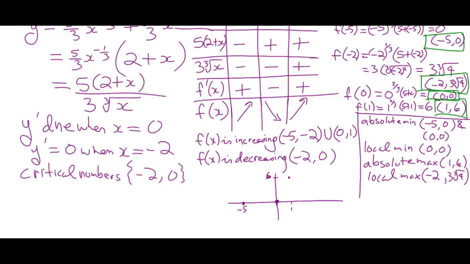We've got a 1, 6, and we've got a local max at negative 2. So absolute minimum rising to, let's put this about here, because we've got to come up. So starting here, we're coming up to here, and then we're going down to 0, 0, and then we're coming back up again.